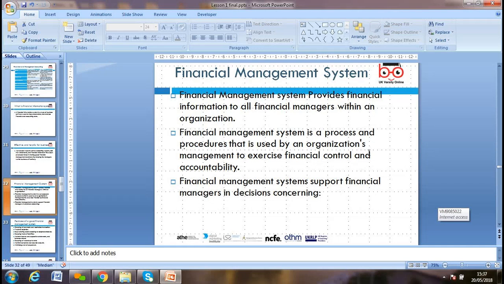A financial management system is a process and procedure that the organization's management uses to exercise financial control and accountability. So the financial management system supports financial managers in decision making, because our unit title is Accounting for Managers. It means how managers get the information and use it. So we need to be concerned that within our organization we have financial management systems in place for effective use.